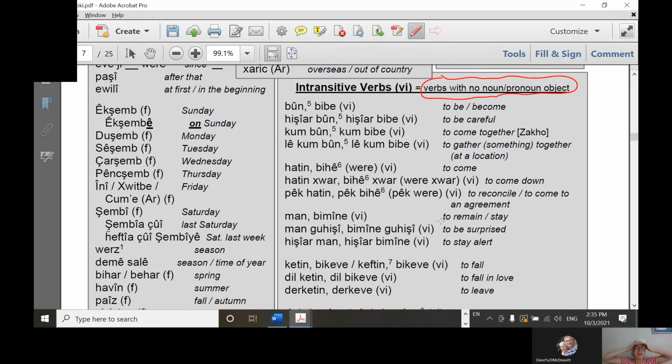And actually, the easiest way to remember which verbs are transitive and which are intransitive is just simply to memorize this list of intransitive verbs, because there aren't that many. And then just assume that all the rest of the verbs are transitive. The focus of this lesson was intransitive verbs. So verbs with no noun or pronoun object.